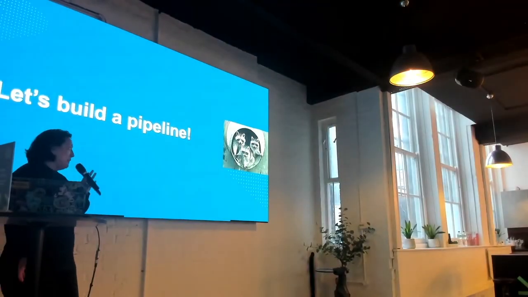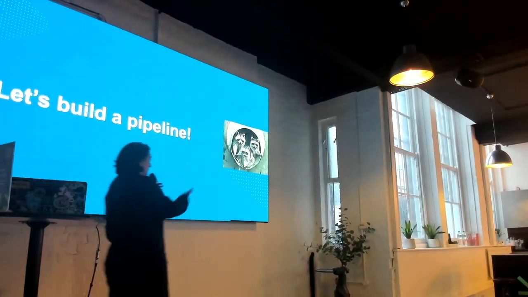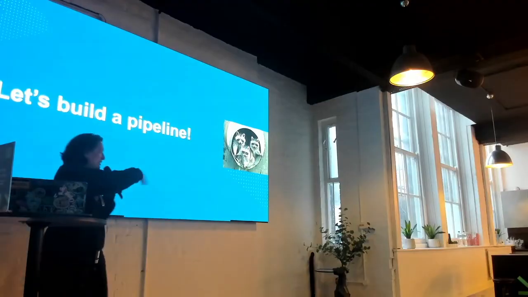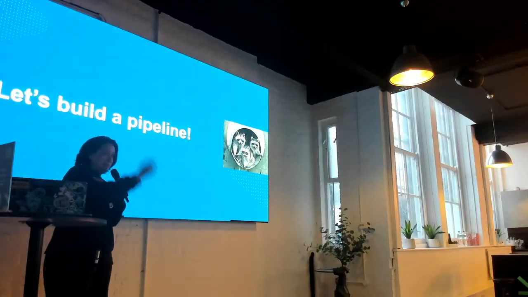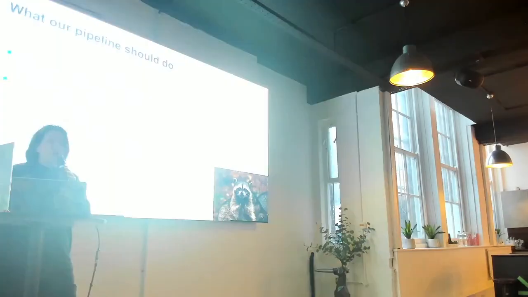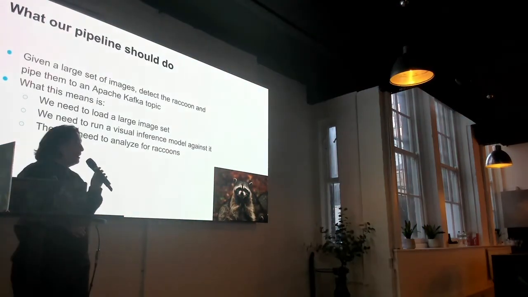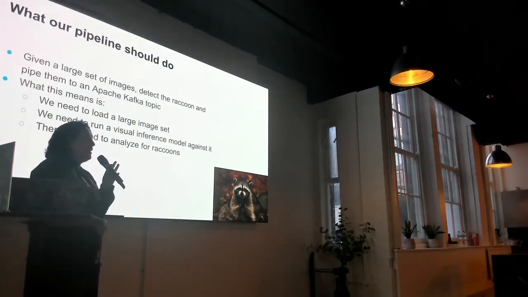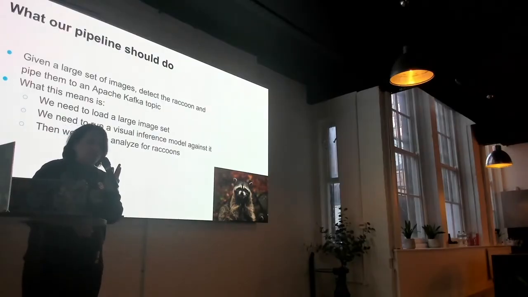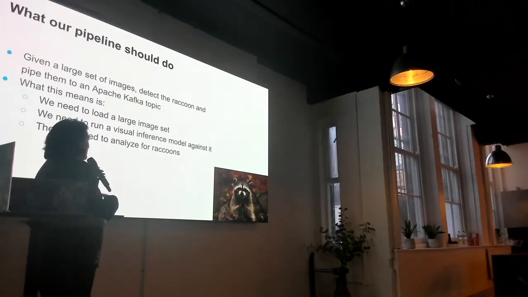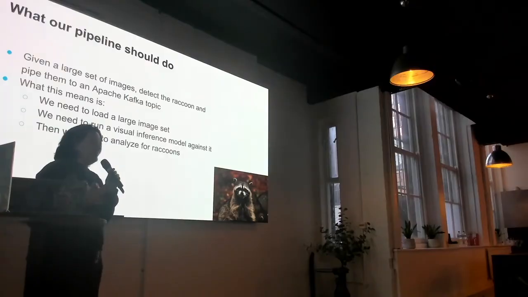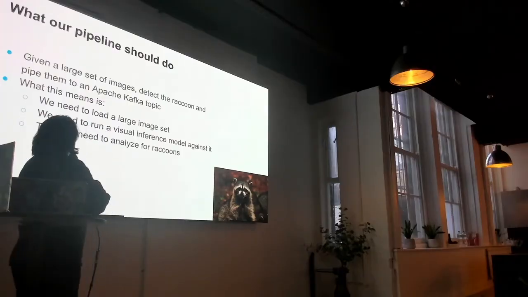So speaking of pipes, let's build a pipeline, as indicated by the raccoons in the pipe. Thank you very much. So what are we doing? I am very poor at inspiration at the best of times, so I decided that our pipeline should detect images of raccoons within a larger data set of images of animals.